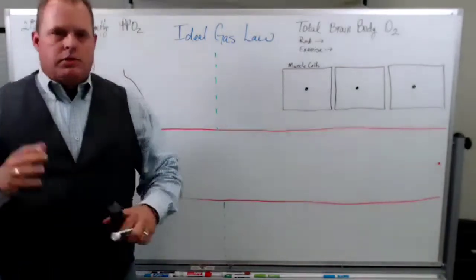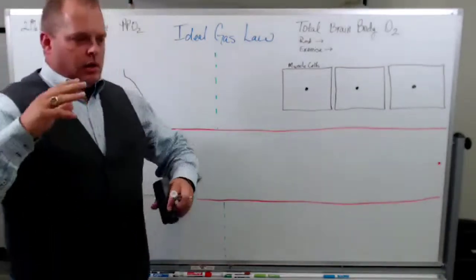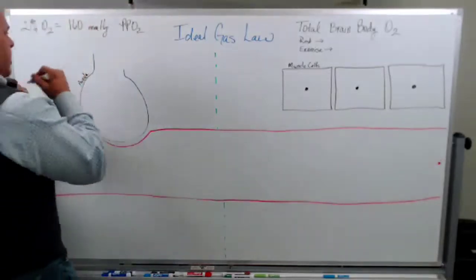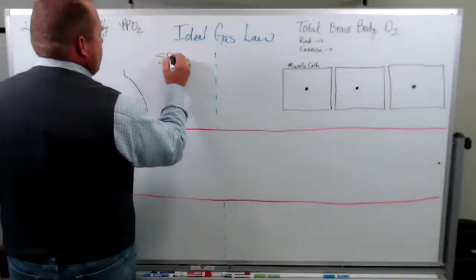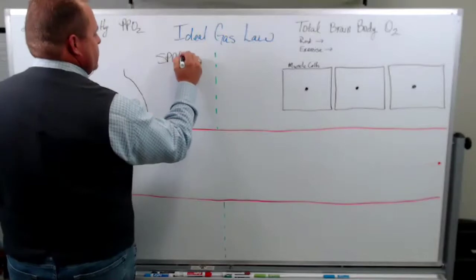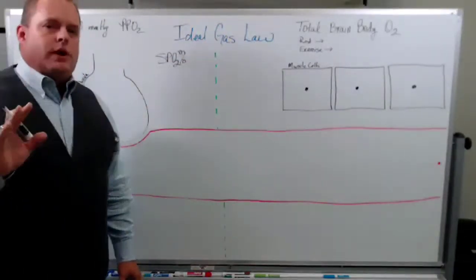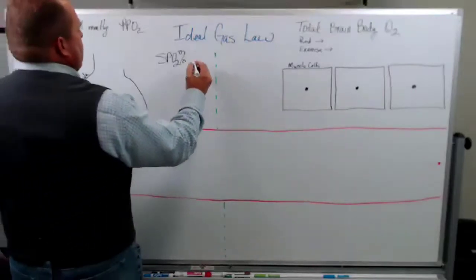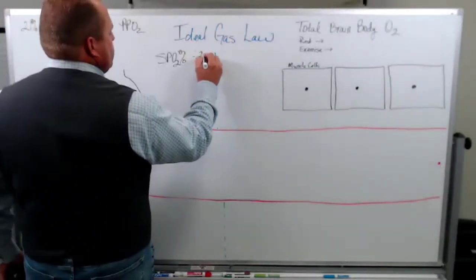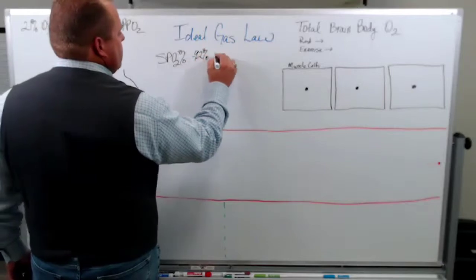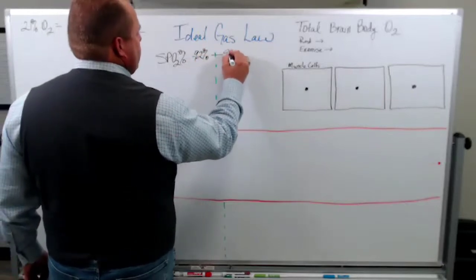Now, when we talk about pulse ox, the SpO2 itself, I'm going to refer to that as pulse ox. That's your SpO2 percentage. Normal pulse ox ranges anywhere from 92% to 99%.